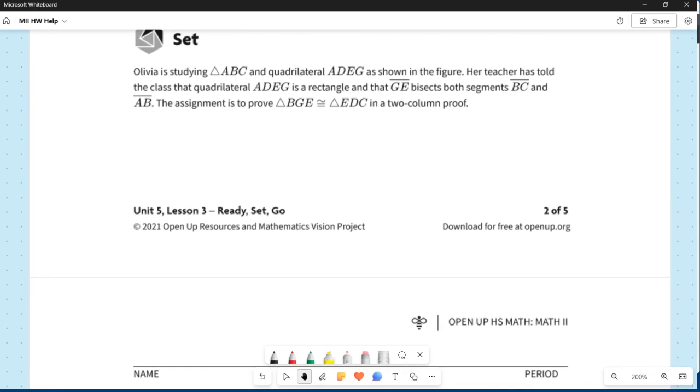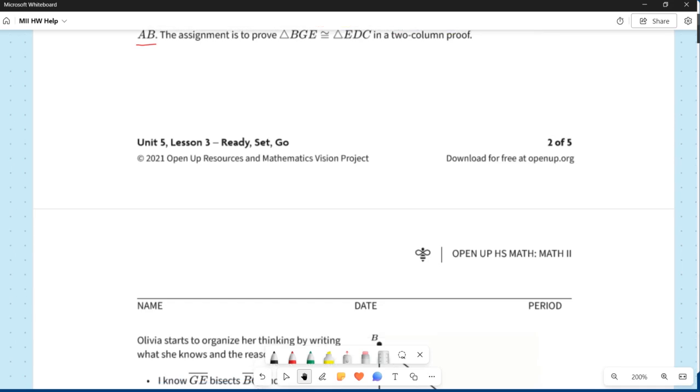Her teacher has told the class that quadrilateral ADEG is a rectangle, and that GE bisects both segments BC and AB. The assignment is to prove that triangle BGE is congruent to triangle EDC in a 2-column proof.